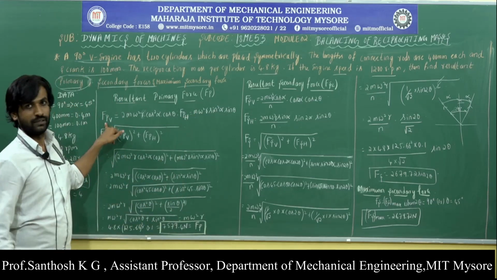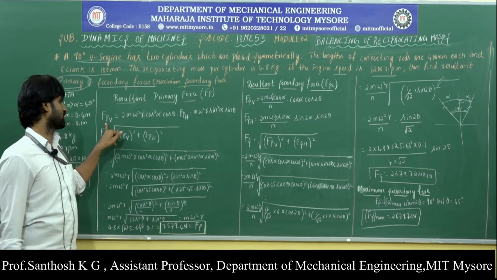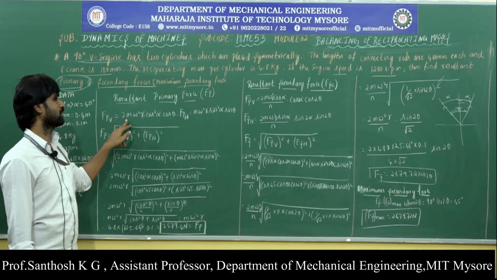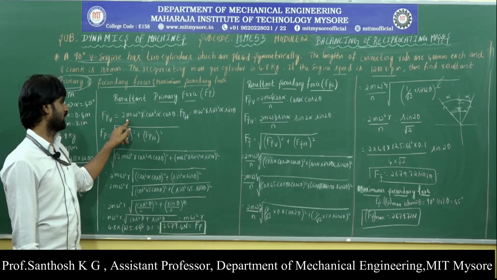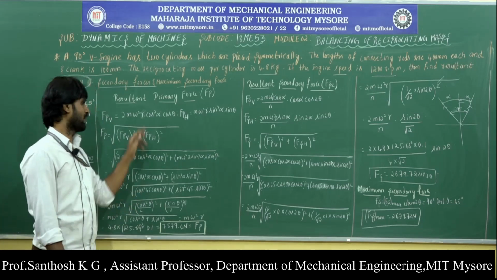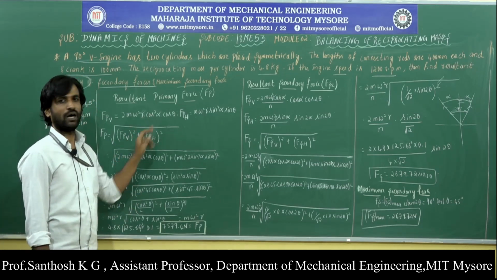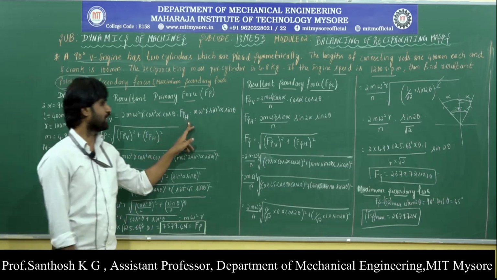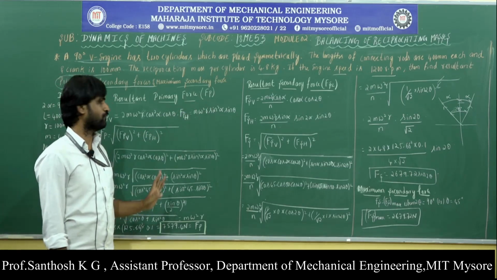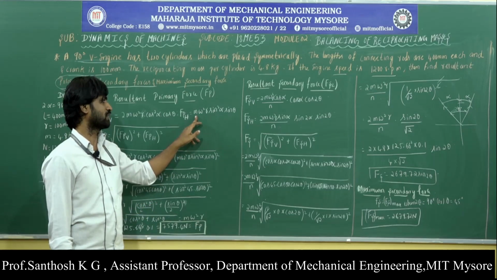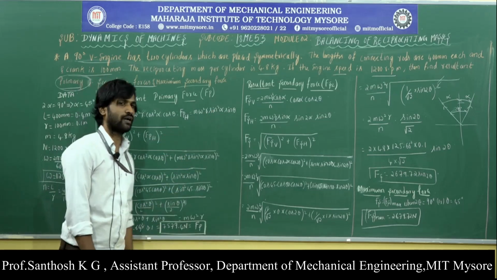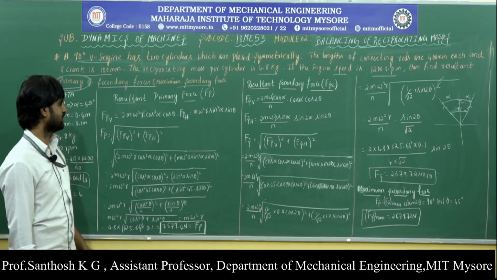By the last derivation, the vertical component of the primary force can be calculated using the equation 2m omega square r cos square alpha cos theta. Similarly, the horizontal component can be found using the equation m omega square r sin square alpha sin theta.